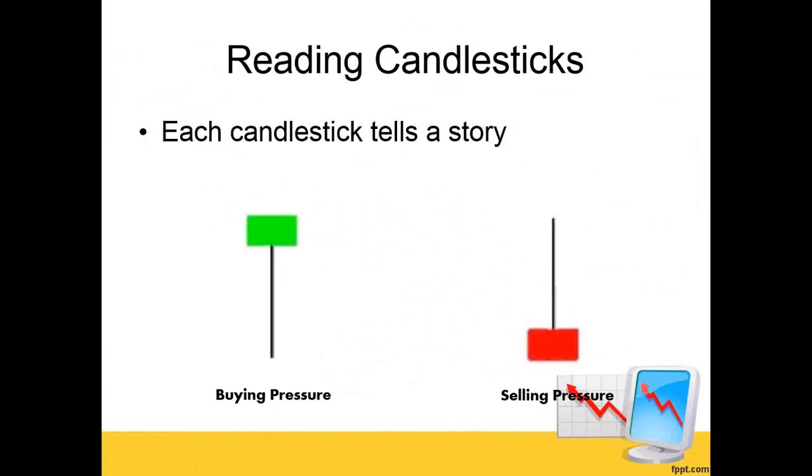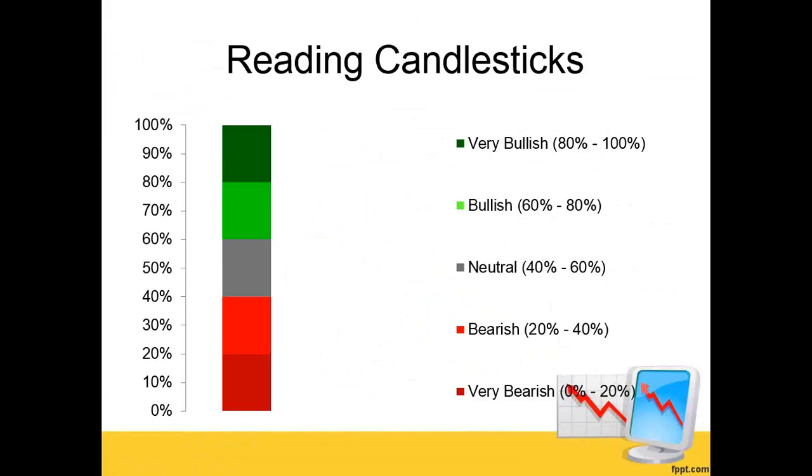If there's strong buying pressure, if there's strong selling pressure, or if there's no pressure at all, meaning selling and buying pressure are pretty much equal with each other. So each candlestick tells you a story, and we categorized it in this way.